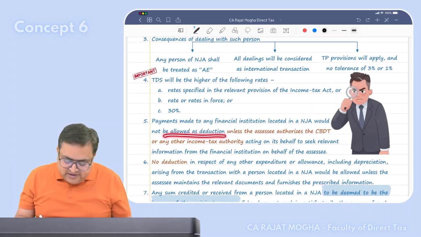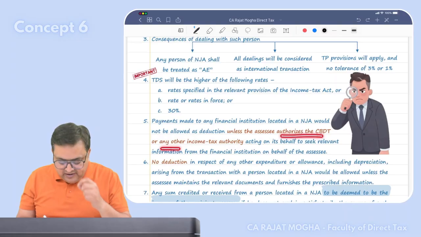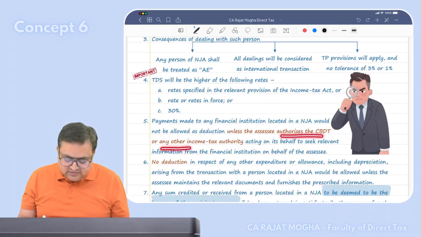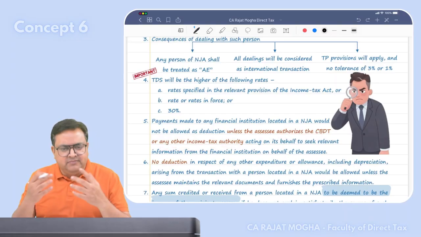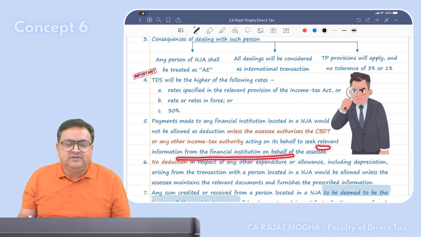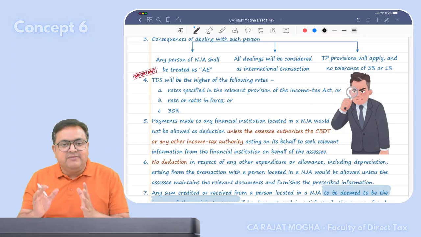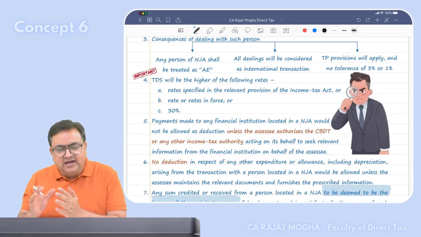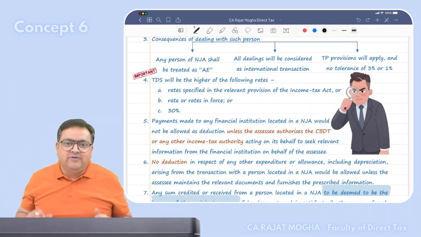It will not be allowed as a deduction unless the assessee authorizes the CBDT or any other income tax authority, such as an assessing officer acting on his behalf, to seek relevant information from the financial institution on behalf of the assessee, so that we will have the same power as the assessee has, and we can take the information from that financial institution.